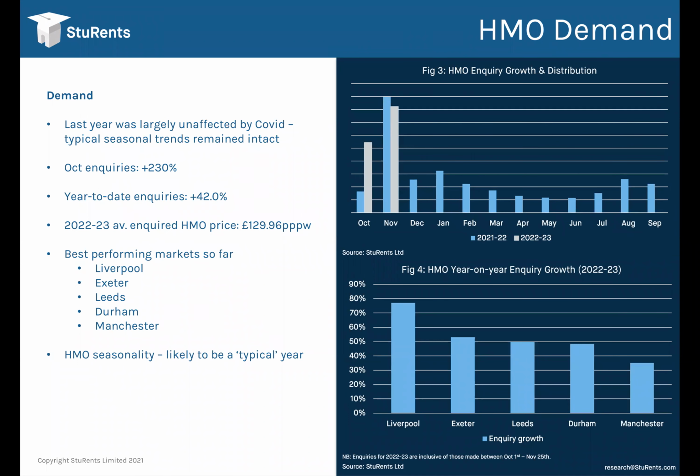Moving on, what we're now doing is isolating demand for the various accommodation types. So we're going to start to look at the HMO market, and we'll come to PBSA shortly. And what we can see from figure 3 is a couple of insights. If we look at the light blue bar, that shows the seasonality of the market for last year, and last year runs from October to September, just gone.